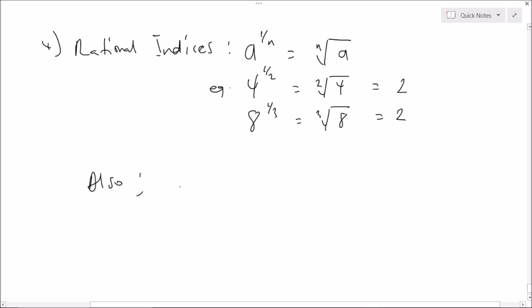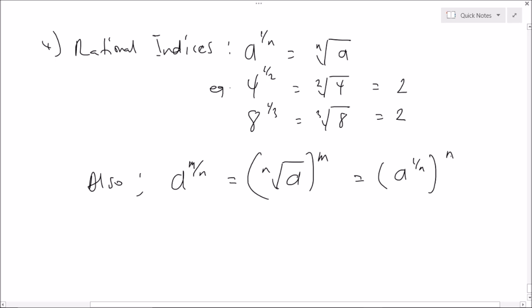Also, if you have a exponent m over n, then this is the same as the nth root of a, all exponent m. And we know the nth root of a is a exponent 1 over n, all exponent m. So simplifying this one gives us a exponent 1 over n times m, which gives us m over n.